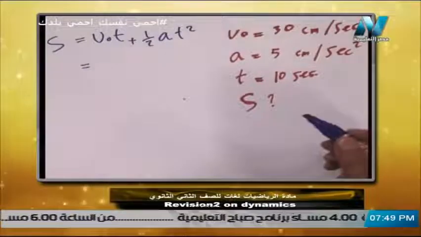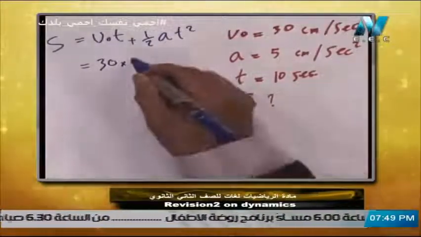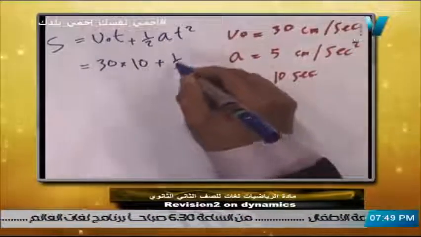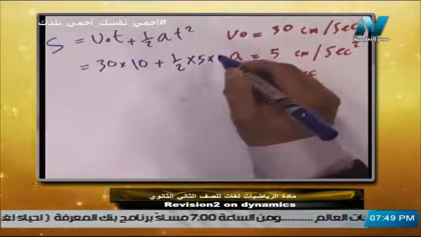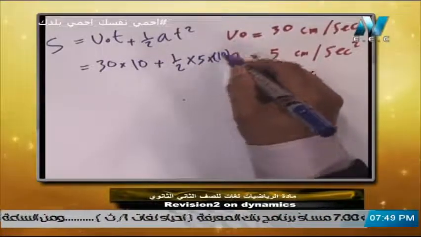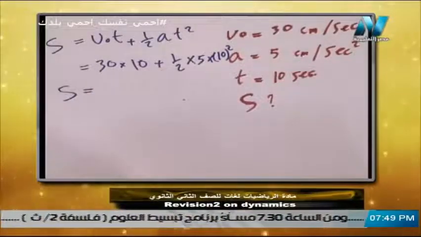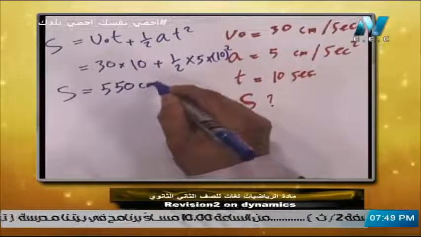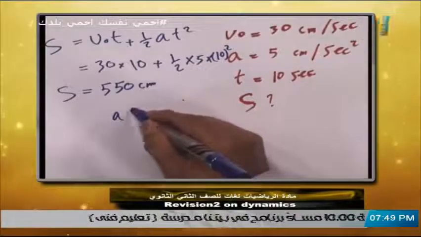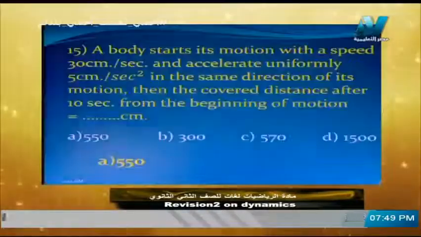Here we have V naught equals 30 multiplied by t, which is 10, plus half multiplied by A, which is 5, multiplied by t power 2, which is 10 power 2. It's easy for you, by using your calculator, to find that the answer will be 550 centimeters. Let's move directly to the next question.